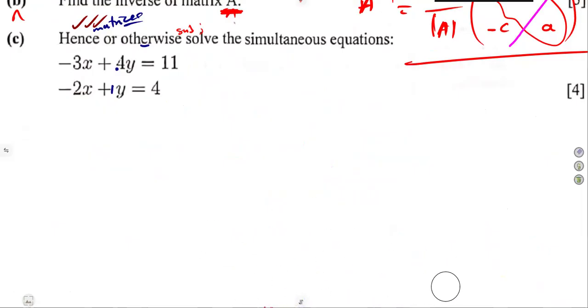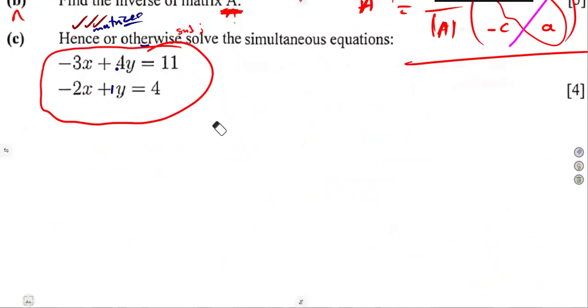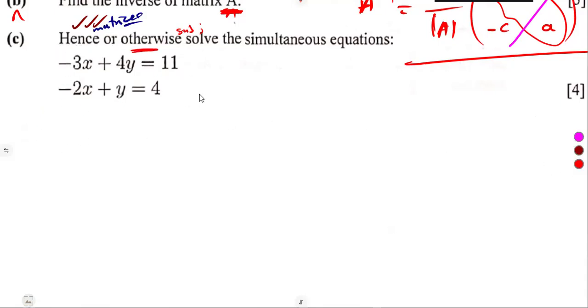But otherwise, it means we can have these simultaneous equations answered in any other way. Is it by elimination? Is it by substitution? Any way that you want. So let's just prove it. In this case, I'm just going to use the substitution method, guys. We have got equation 1 and we've got equation 2. So here I'm just going to use the substitution method.